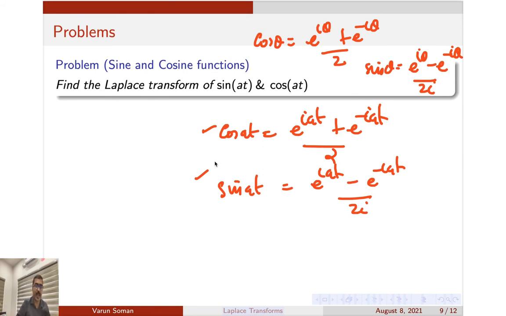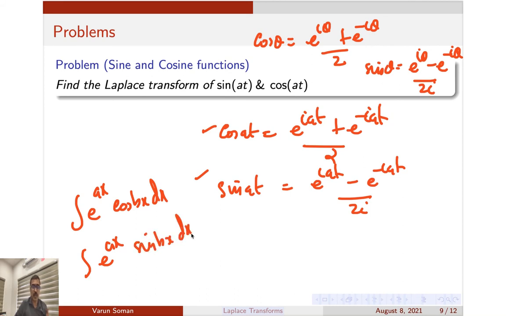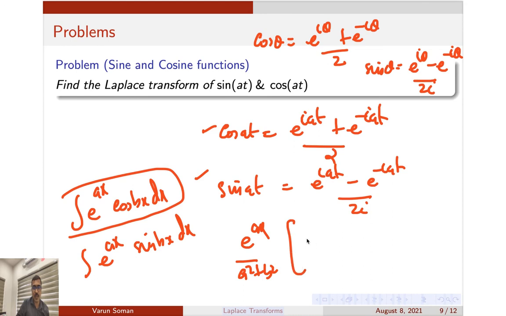Okay, so the method I am going to describe here is to use the integral formula of e raised to ax into cos bx, which you have studied in lower classes. When you study infinite series, especially Fourier series, you have studied the formula of e raised to ax into sin bx dx, etc. We will be using that formula. I hope you remember this formula. It is simply e raised to ax by a square plus b square into a cos bx plus b sin bx.